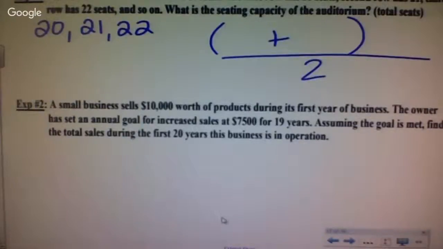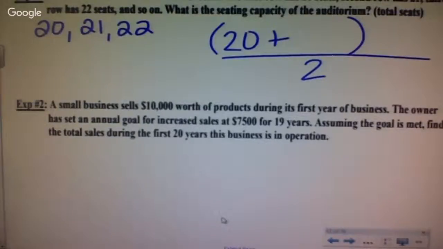What plugs in? 20. What else do I know? That's it. I know something else. The last 20. No, not 22. 21. Another 20.